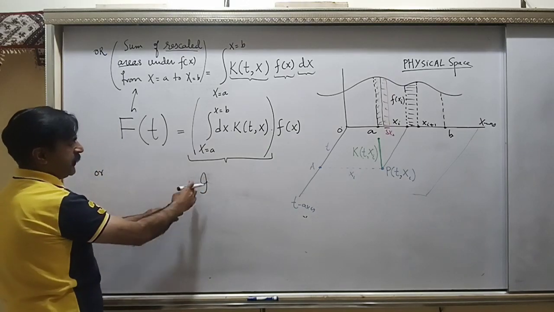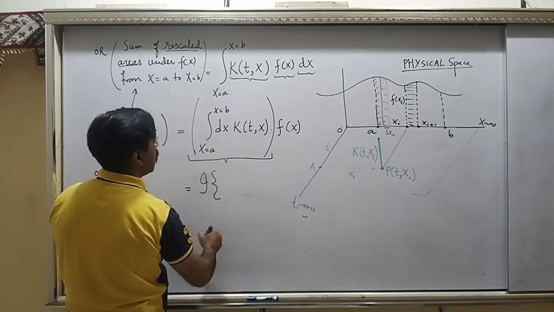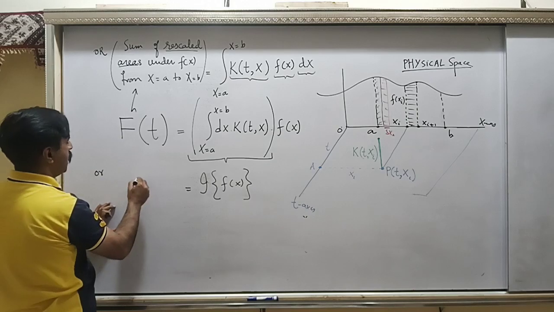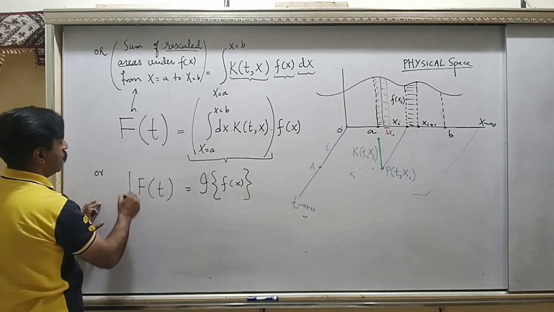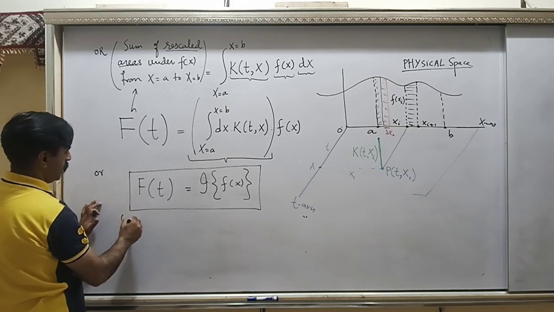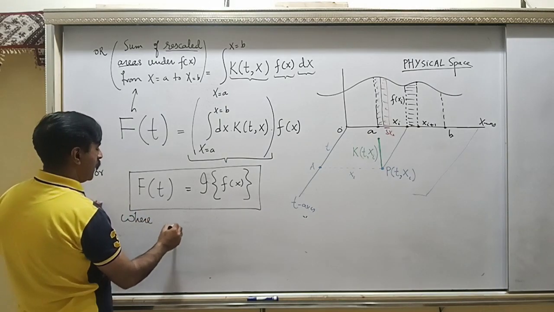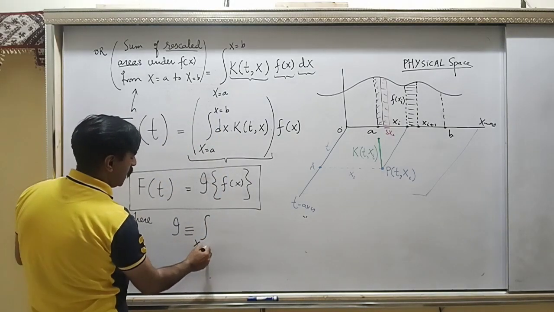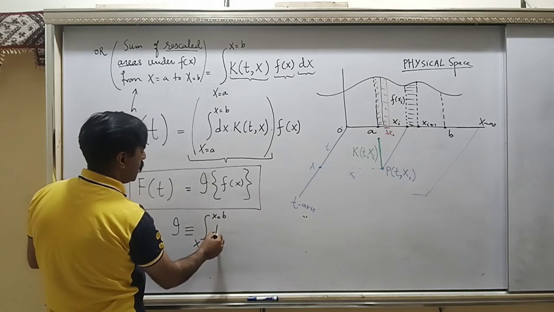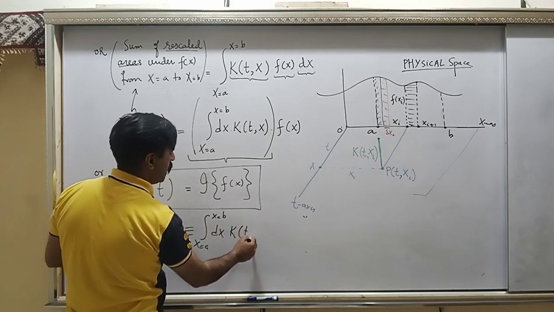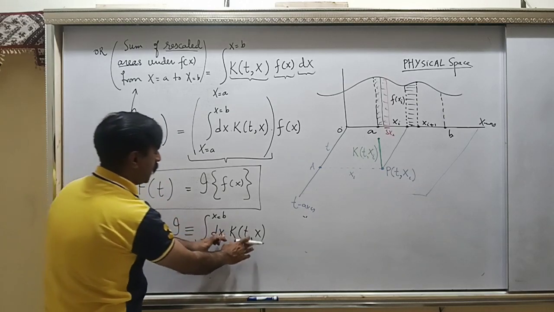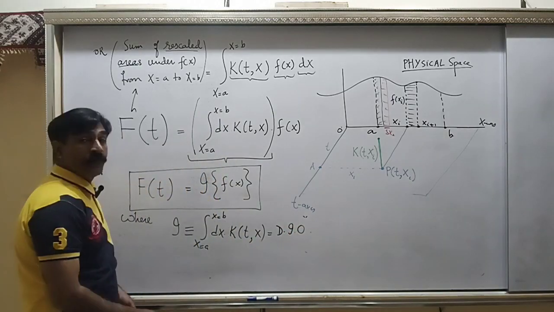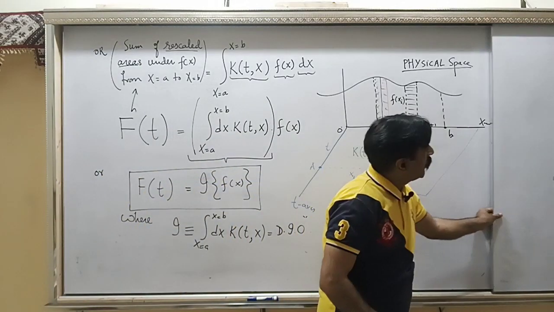This is italicized round I, with a curly bracket on f(x), and you are getting a new function F(t), where I is identical to the integral from x equal to a to b, dx k(t,x). This is the definite integral operator.